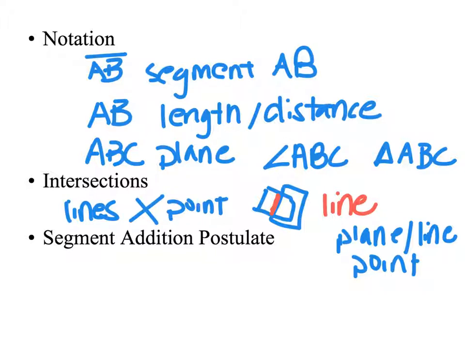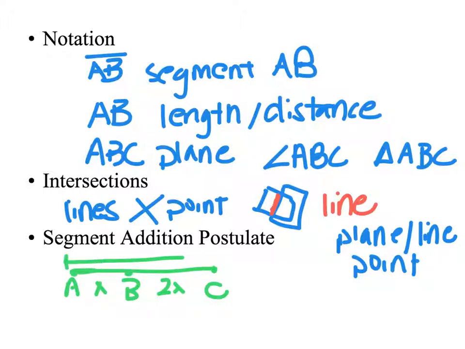The next thing we're going to talk about is the segment addition postulate. Some of you had some really weird answers for these questions. If I have this line ABC, the segment addition postulate just says we're going to add the segments that are next to each other together to get a total distance. So if this one is x and this one is 2x, and I know this whole distance here is 21, or 20, sorry, then I know that x plus 2x is going to give me this distance. If I want to find the value of x, the value of x is a number.